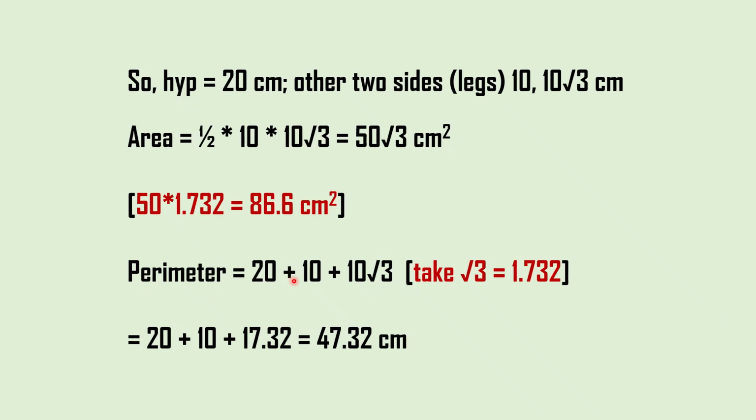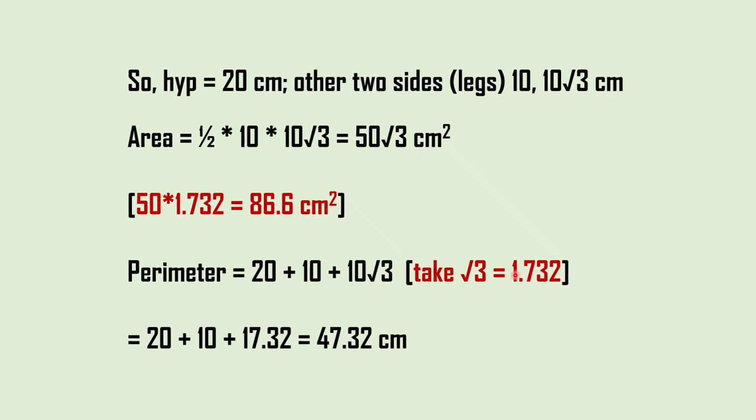Perimeter 10 plus 10 plus 10 root 3. Taking root 3 as 1.732, 10 root 3 would be 10 into 1.732, that is 17.32. Multiplying by 10, just shift the decimal point one place to the right.